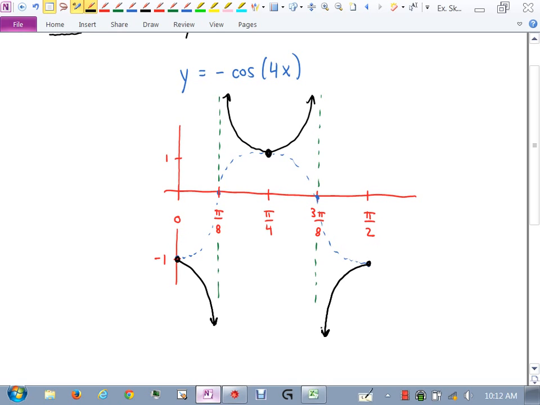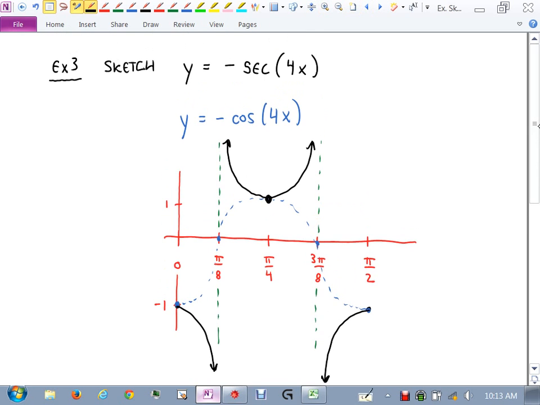Is that fair? Okay. That's it. So to graph cosecant and secant, you just have to be able to graph sine and cosine respectively. Draw the asymptotes, draw your U's. All right.